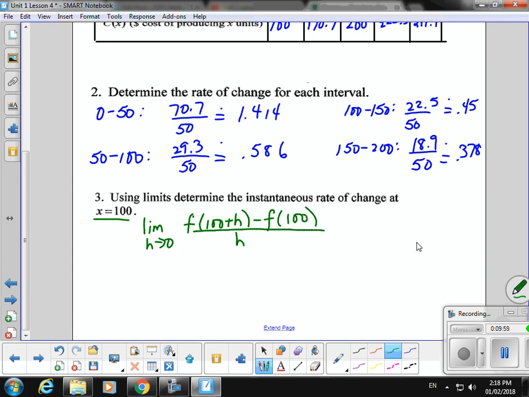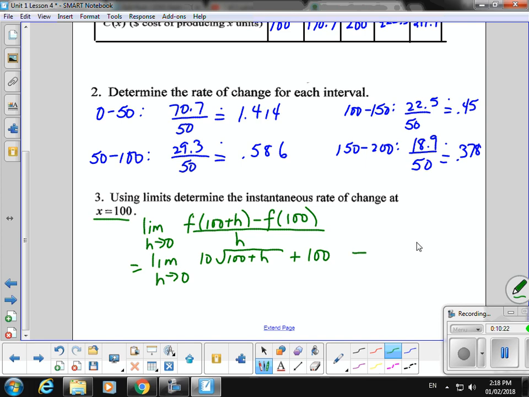So that instantaneous rate of change at that point is the limit as h approaches 0 for my function, which is 10 times the root of 100 plus h, plus 100. There's my function.